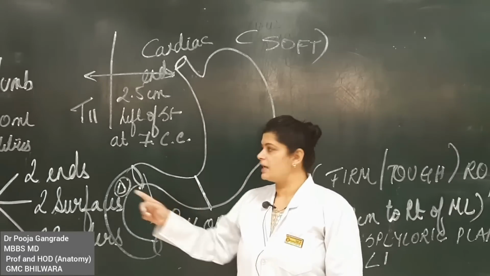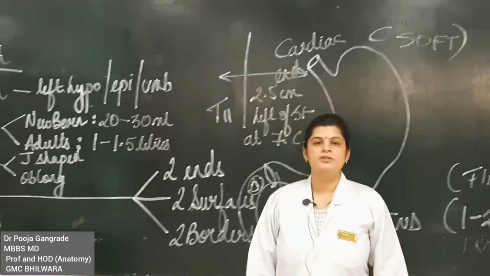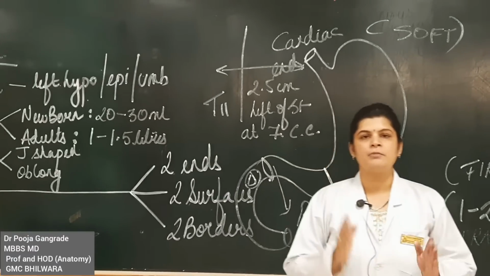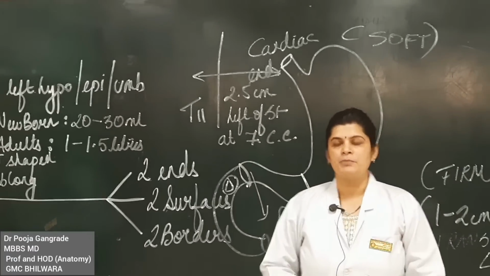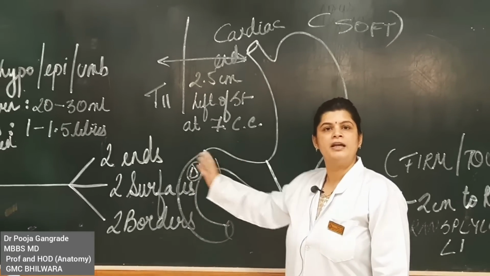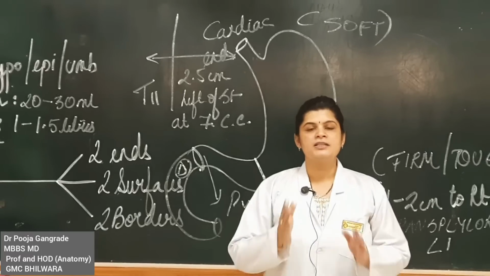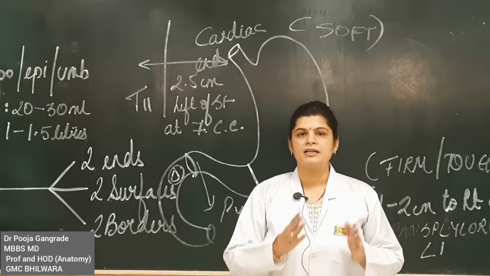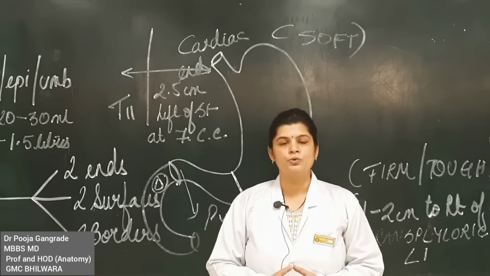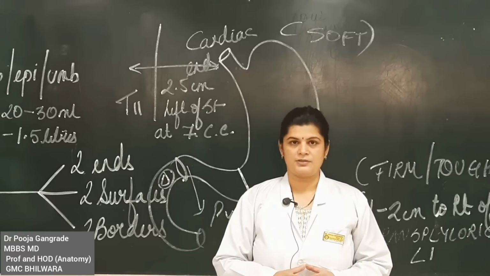That is because I told you in the first thing, the normal capacity of a newborn is only 20 to 30 ml. So when the mother tries to feed the baby, because of this pyloric stenosis, the milk is not going ahead, and the baby vomits out. So this is one of the common conditions that a mother might come to you. This is common in European country children.